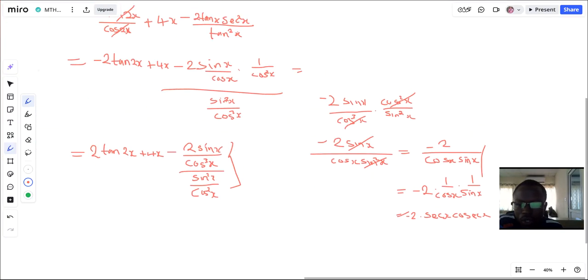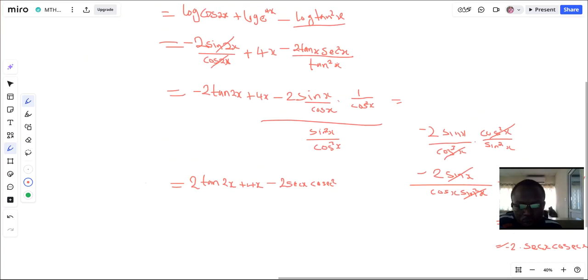So the whole of this place here is equal to 2 sec x cosec x.